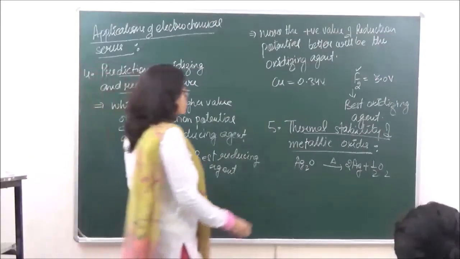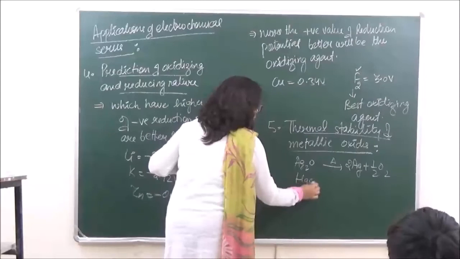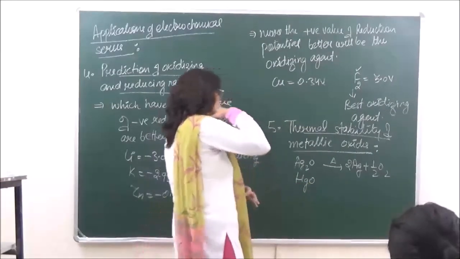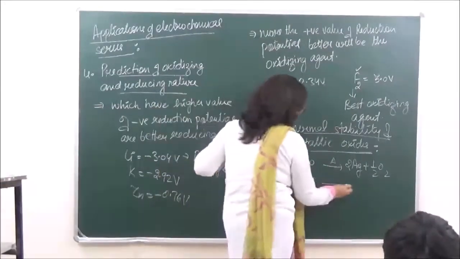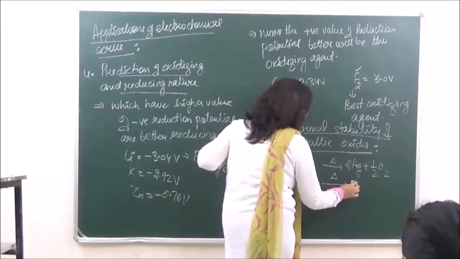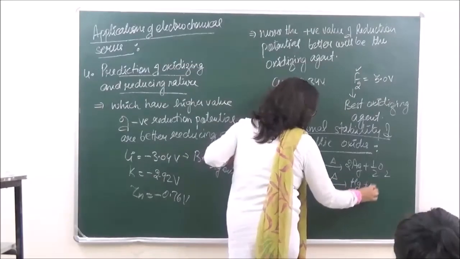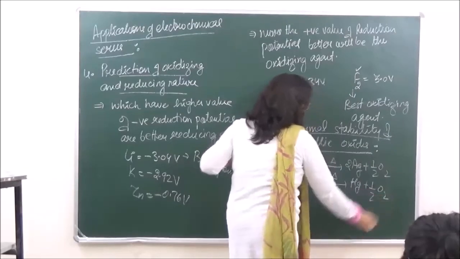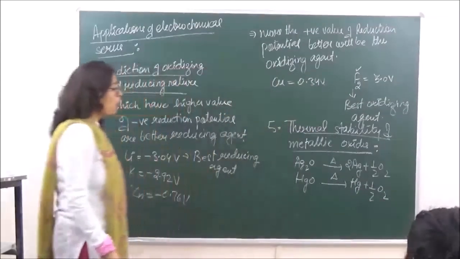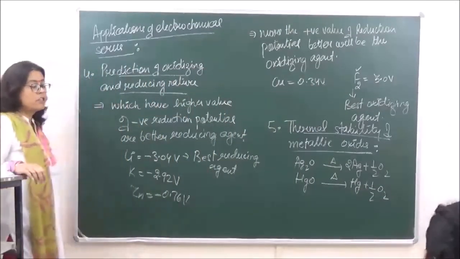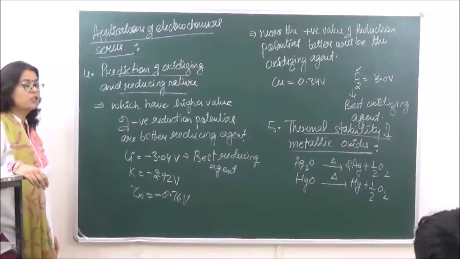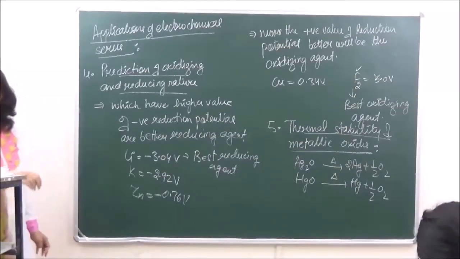Similar is the case with mercury. Mercury also has a positive value of reduction potential, so mercury oxide decomposes as well. But all those metals which have a negative value of reduction potential, their oxides are quite stable.